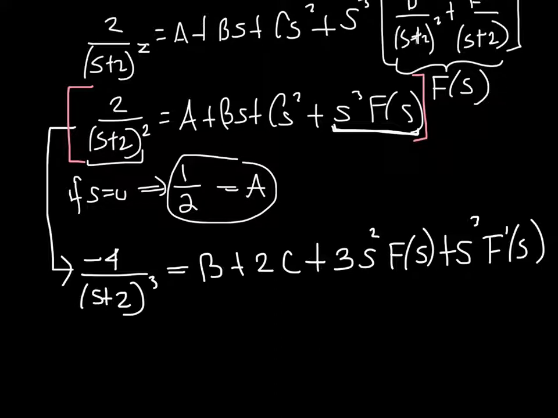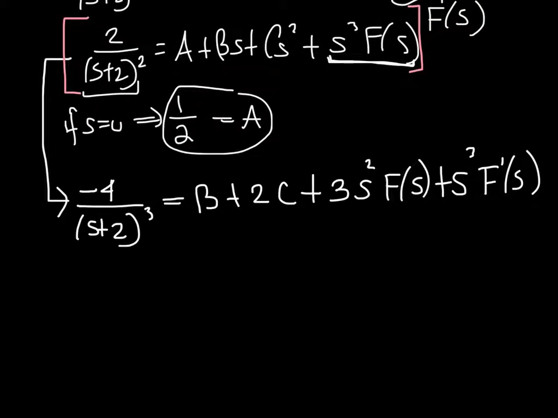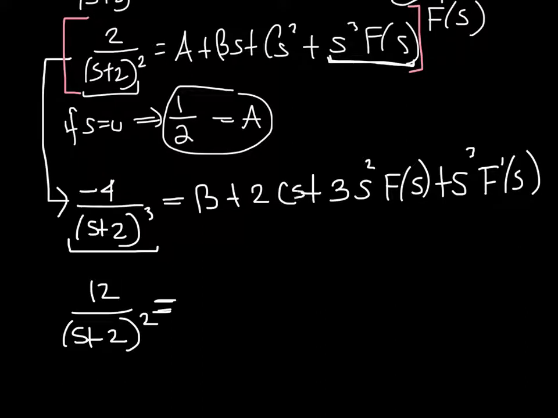Okay, so let's differentiate one more time. This is really going to be the second derivative. If we do the math, we're going to end up with 12 over s plus 2 to the 4th. And then on the right-hand side, just differentiating, we get 2c, and I actually forgot, there should be an s here.